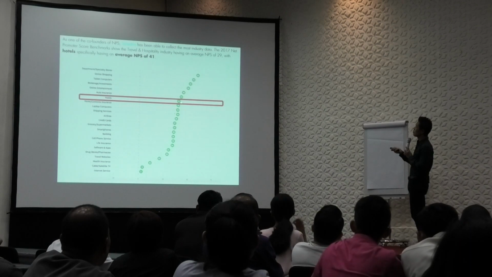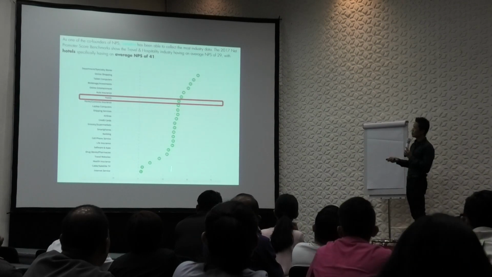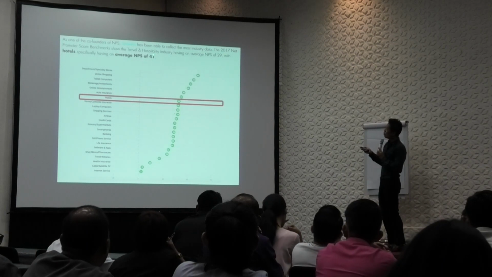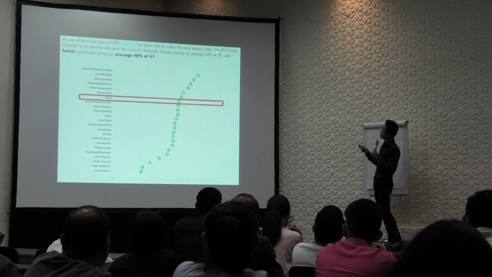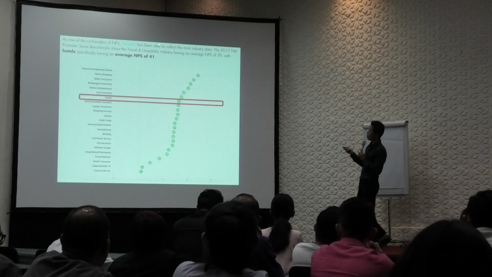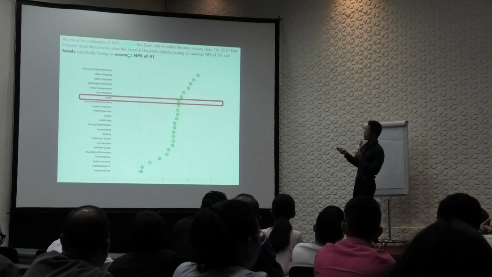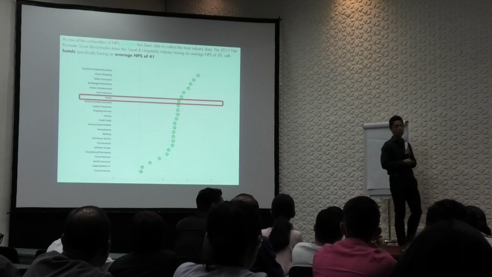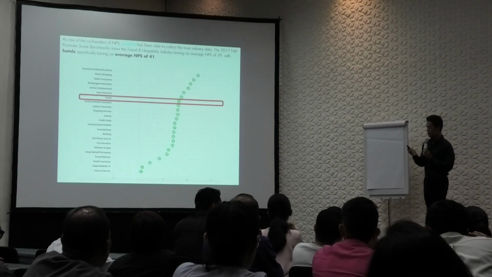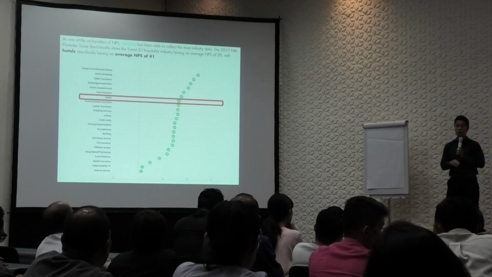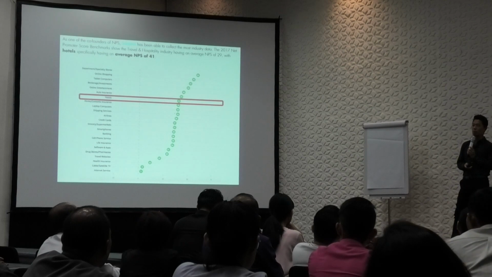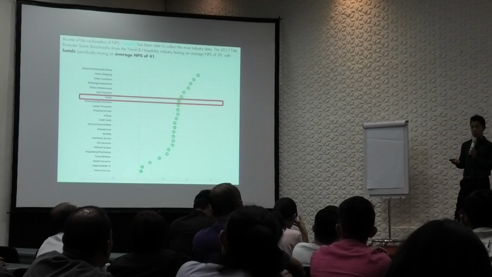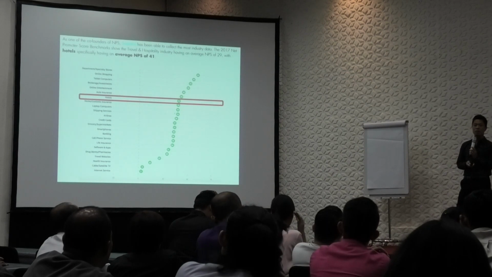Hotel, 41. This research was made back in 2017. Travel and hospitality industry average is 29, and if we calculate only the hotel industry, average NPS is 41. So if our NPS goes below 41, we have a problem. You can see the hotel industry is doing quite well in terms of NPS, right? Because we make a lot of effort.